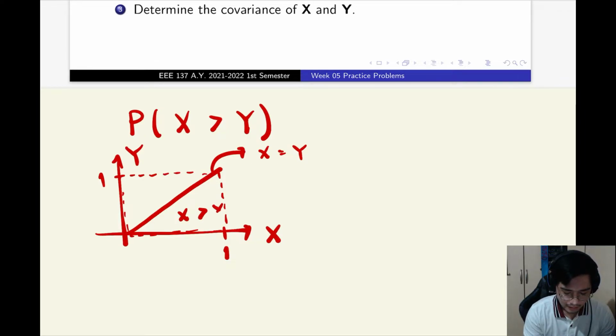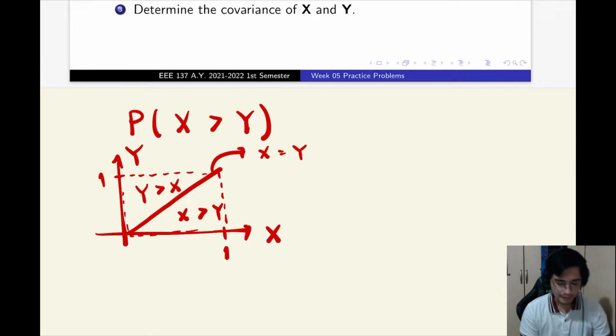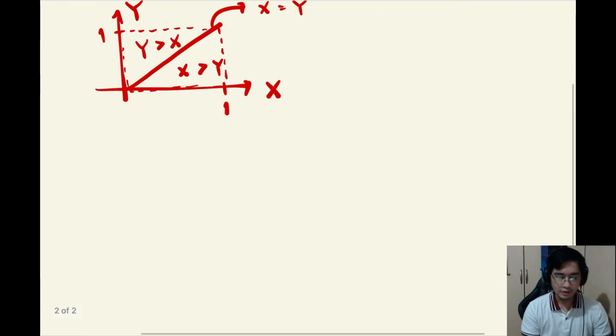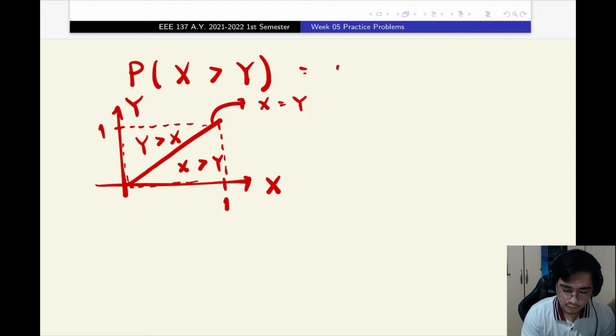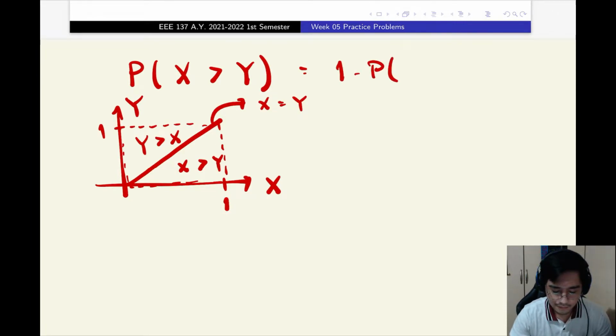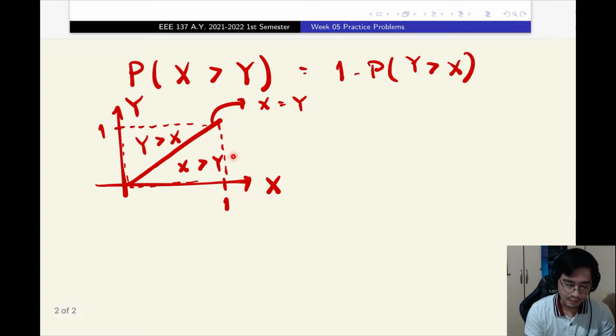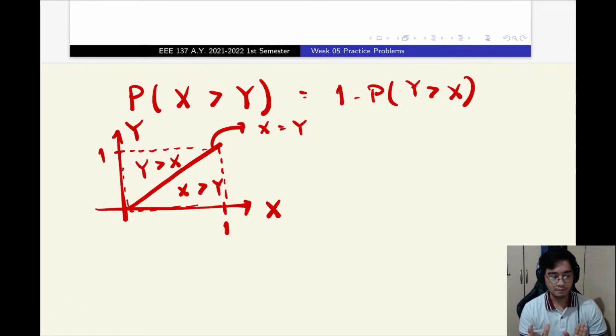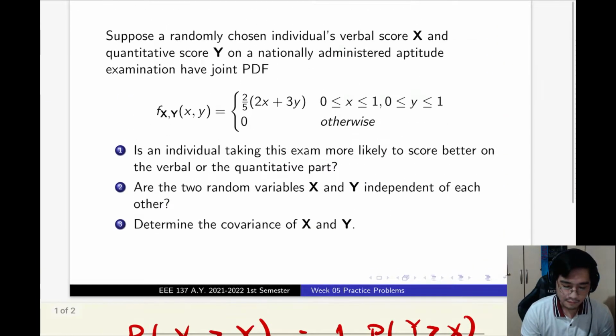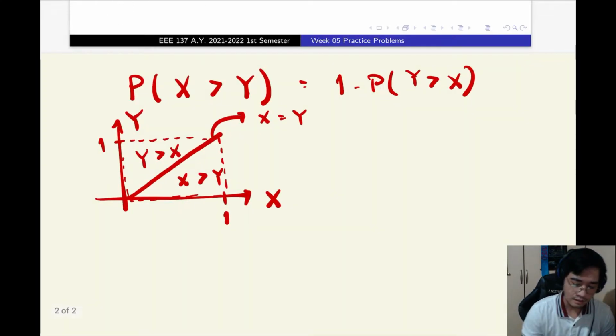And this one is y greater than x. You could just choose between the two, and the probability of this one is equal to 1 minus the probability of the other half. So for example, we are choosing this boundary. If you want to get the probability, we just use the joint PDF here and compute the integrals.